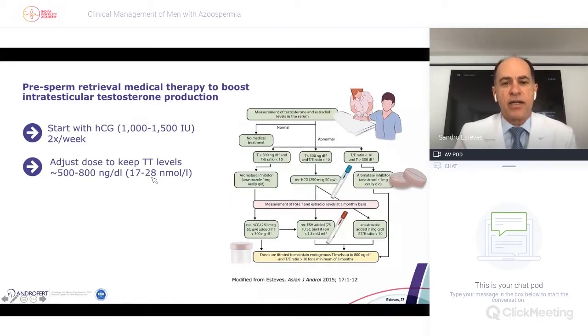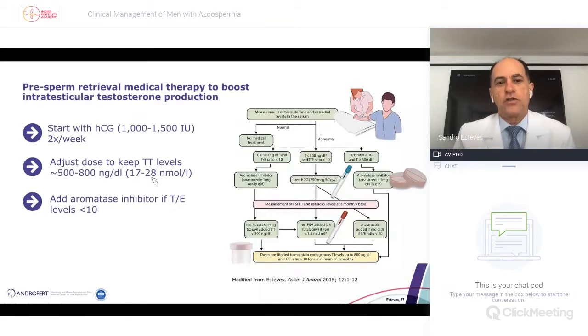Then, when we give HCG therapy, especially in overweight patients, they will have some aromatase conversion of testosterone to estradiol. And then estradiol levels might increase. That could block the pituitary. We don't need that. So in this case, we might add an aromatase inhibitor if the testosterone to estradiol ratio is below 10.